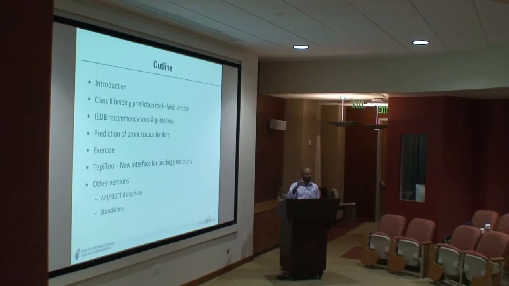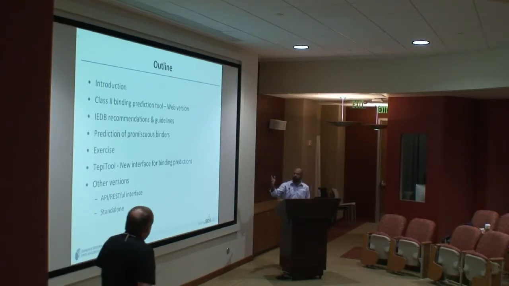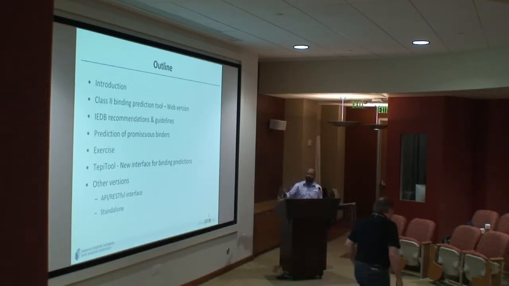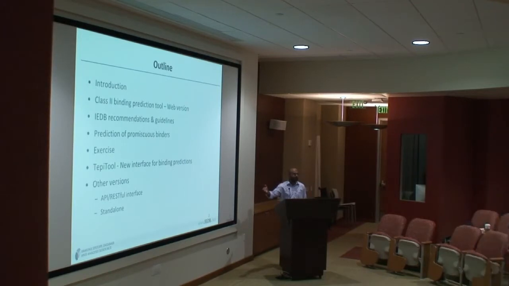And there is time for a short exercise. It's good if you can do that, just to get hands-on experience, and you can ask us questions if you get stuck with something. And then there's a new interface, it's not new, it's been there for 2 years now, for the Class I and Class II binding predictions called Epitope. So we'll take a look at that also. And then the other versions like API or RESTful interface and standalone.